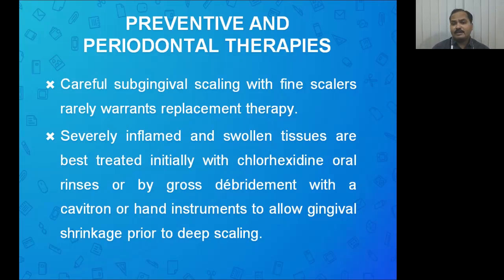Severely inflamed swollen tissues are best treated initially with chlorhexidine oral rinses and by gross debridement with the Cavitron, the ultrasonic scalers, or the hand scalers, to allow the gingival shrinkage prior to a deep scaling. It has always been advised to remove the gross calculus present on the teeth before going to the subgingival areas.